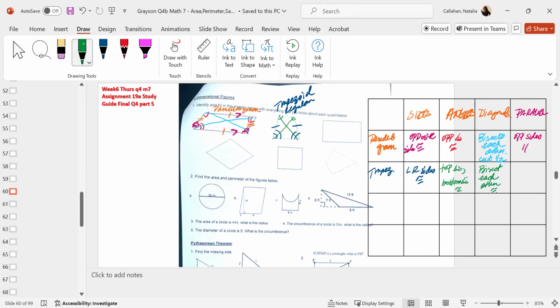So they do cut each other in half and they're equal. Okay. Parallels. Only the top and bottom sides are parallel, because if you look at the right and left sides, they're not parallel. They're not like railroad tracks. Do you see that?